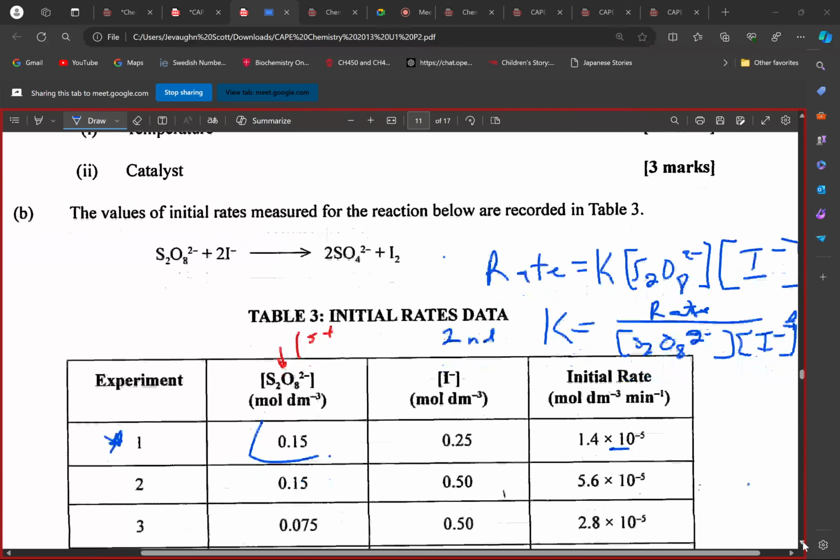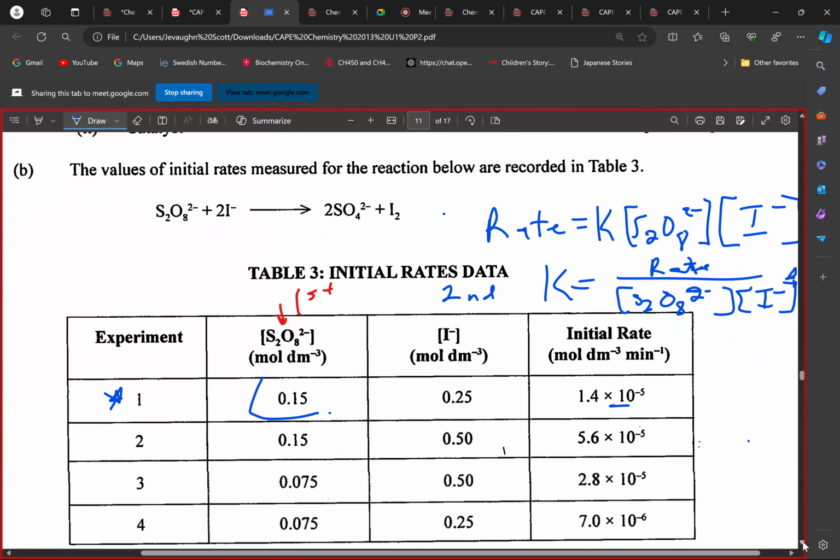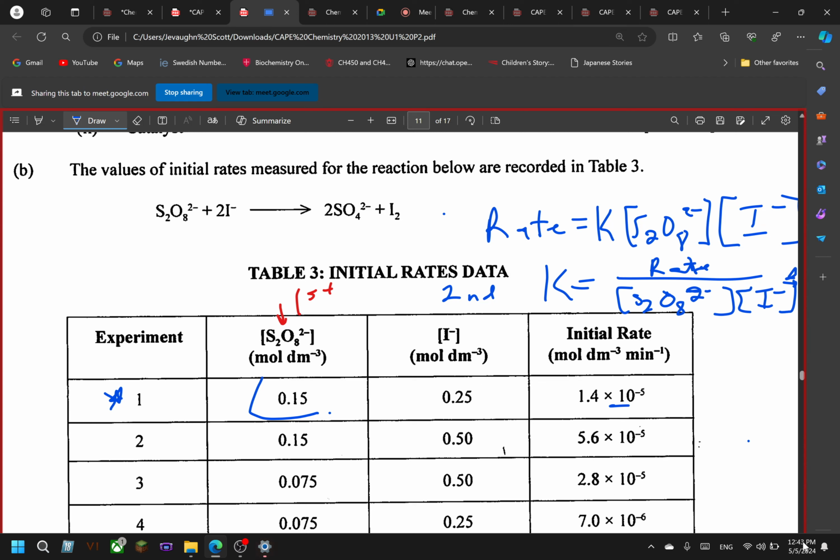So let me actually just square that value right now. Let me square it to see if I'll get the same value that this person is having. All right, so I'm going to multiply this value now by the 0.25 squared, and we should be able to get a value that makes sense.